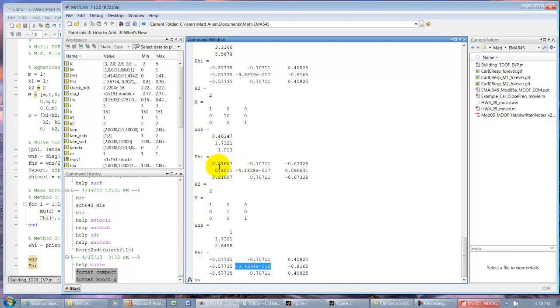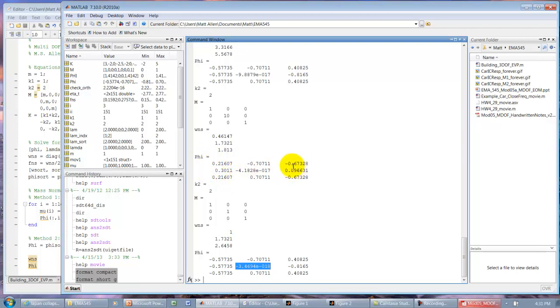Also notice the magnitude of the numbers has changed. We increased mass, and mode shapes have units of 1 over square root of mass, basically. So this made the mode shapes smaller. So mass normalized mode shapes carry the mass there.